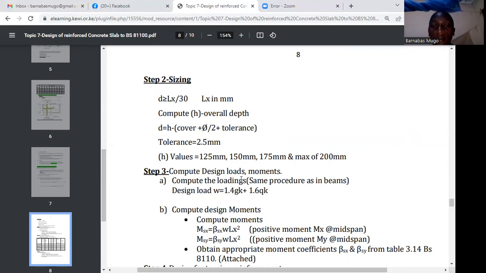In step number 3, you need to compute the design load. When you are computing the design load, you use the same procedure as you did for the case of the beam. That is, the design load is given by W equals 1.4 Gk plus 1.6 Qk.